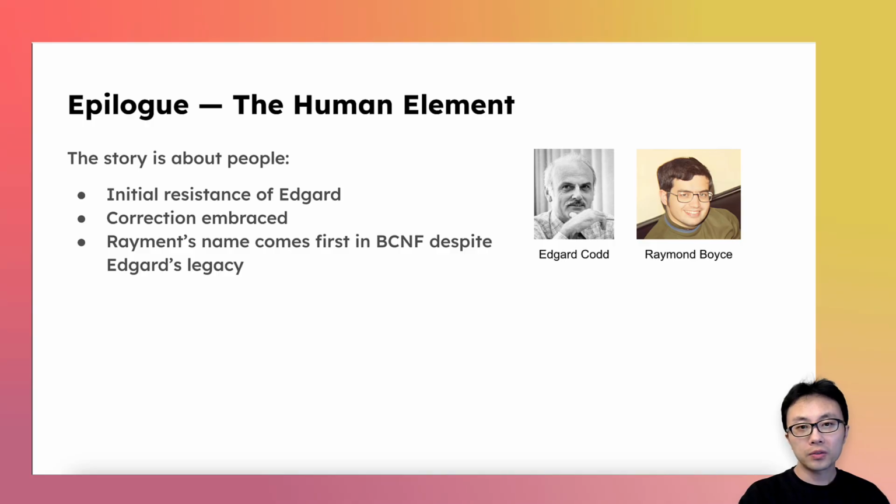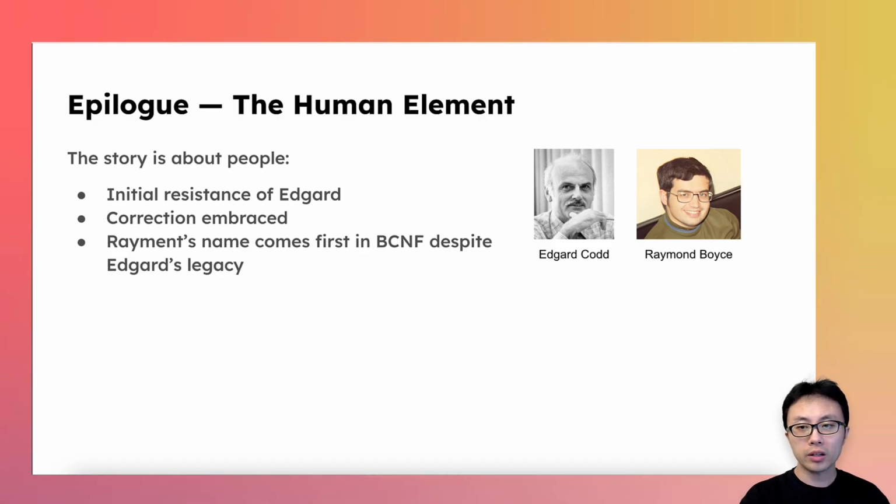The best part of this story is not just about BCNF or the loophole of the third normal form, it's about people. Edgar initially resisted the idea that his definition of the third normal form was incomplete, but eventually embraced the correction. And when the two successfully developed a new normal form that fixed the issue, Raymond's name came first in its name.